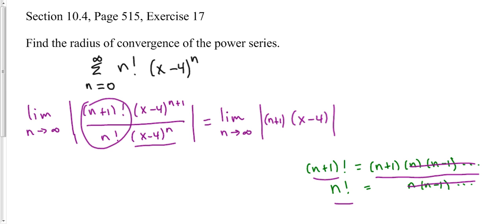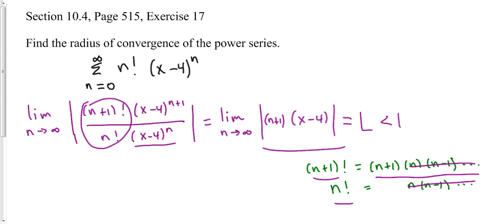Now remember, when we're applying the ratio test, this is going to be equal to L. And if this series is going to converge, we're going to want L to be less than 1. However, if you just look at this limit, as n goes to infinity, this is going to go to infinity as well, unless one thing happens.